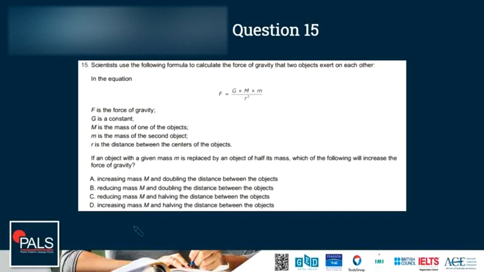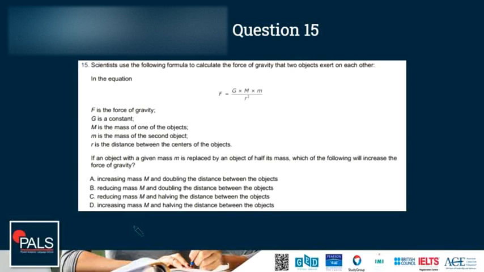A, increasing mass M and doubling the distance between the two objects; B, reducing mass M and doubling the distance between the two objects; C, reducing mass M and halving the distance between the objects; D, increasing mass M and halving the distance between the two objects.